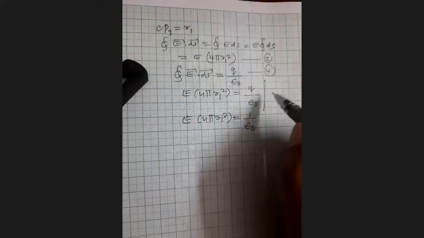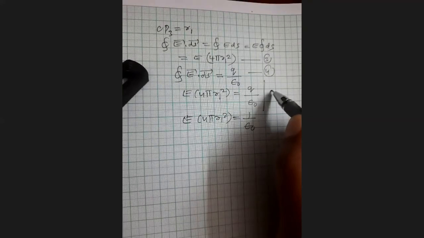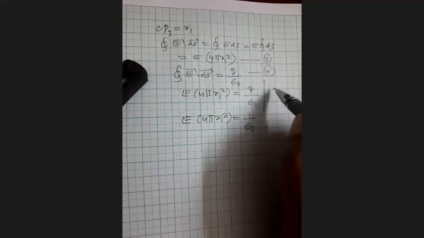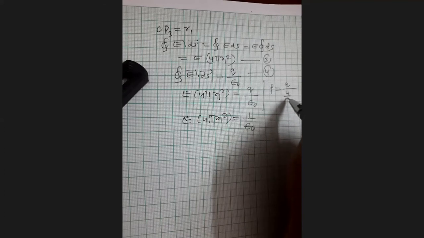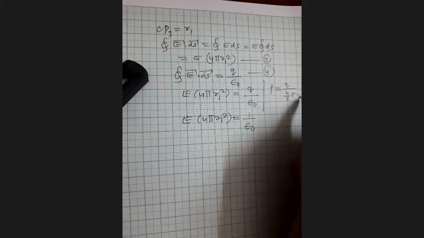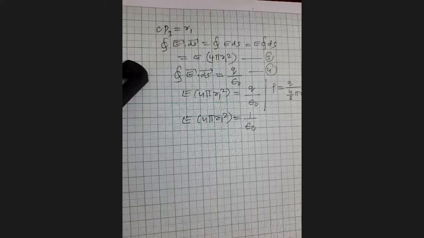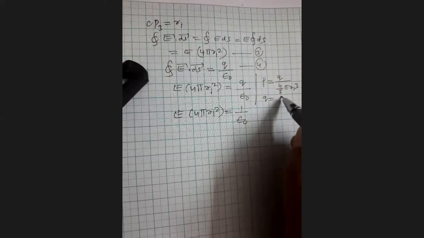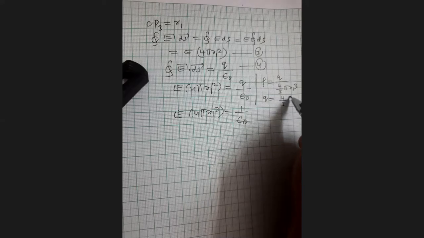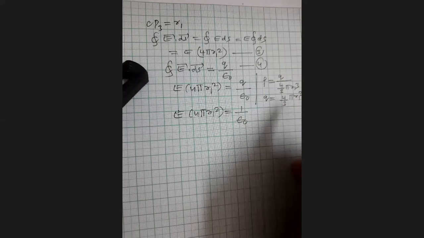is equal to what? We have the volume charge density rho, equal to charge per unit volume, charge by the volume of that sphere, 4 by 3 pi r1 cube. From this, Q is equal to 4 by 3 pi r1 cube rho.